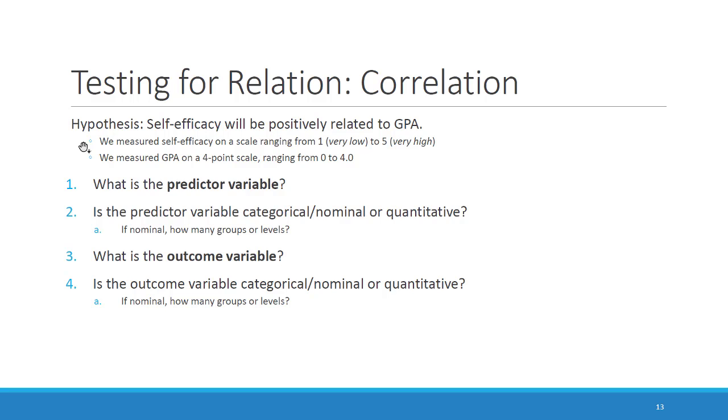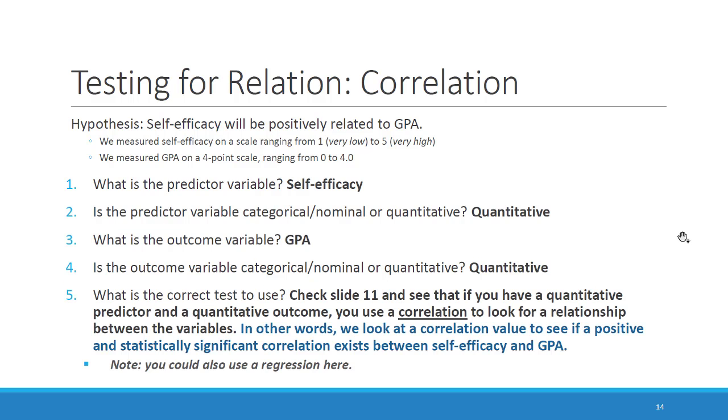So let's go through these same steps that we talked about earlier to help us understand which is the appropriate test. So number 1 would be identifying the predictor. Number 2, identifying whether our predictor is nominal, categorical, or quantitative. Same for the outcome variable in 3 and 4. So let's see what that looks like.